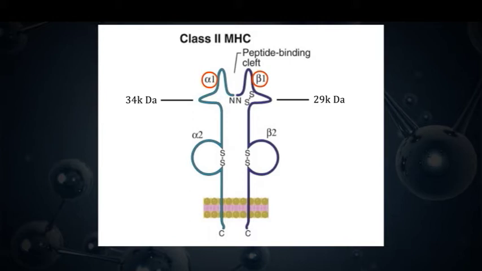Structural studies have shown that the alpha-2 and beta-2 domains, the ones nearest to the cell membrane, assume the characteristic Ig fold, while the alpha-1 and beta-1 domains mimic the class I alpha-1 and alpha-2.